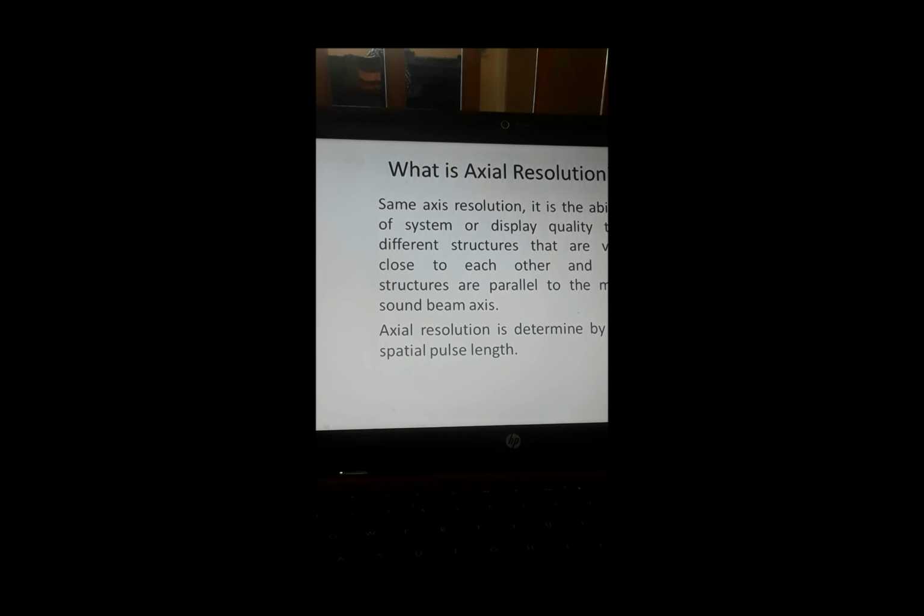At the focus point, lateral resolution is going to be smaller, but for the axial resolution, the sonographer or ultrasound tech cannot do anything. It completely depends on the machine or system of the ultrasound machine.